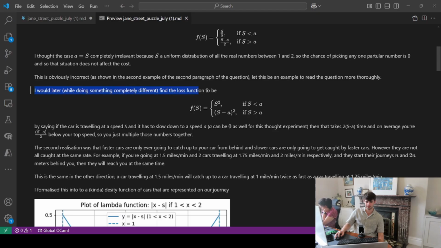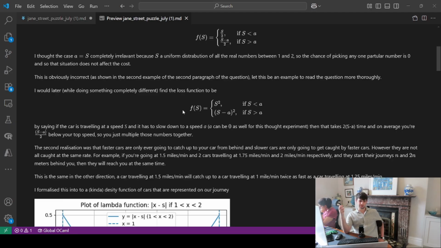And so I would later pretty easily find the losses to be this here, by basically saying that if a car is traveling at a speed s and it has to slow down to a threshold a, then that takes s minus a time, because you can only slow down at 1 mile per minute.